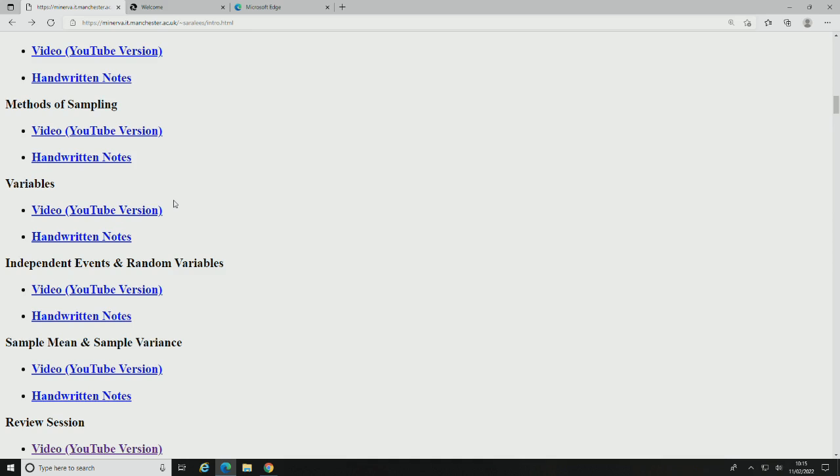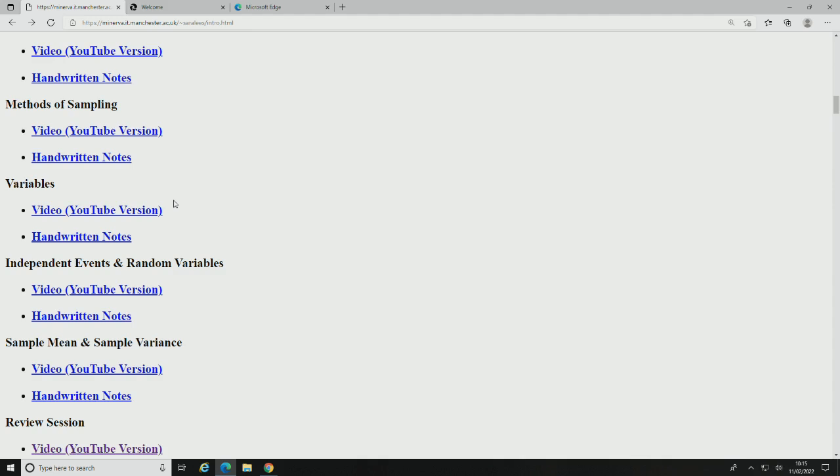Then the next thing was variables. Basically, there are two types of variables, qualitative variables and quantitative variables. Qualitative means color, gender, things like that. Quantitative can be discrete or continuous, right? Discrete means things that you can count, like 1, 2, 3, etc. Continuous means things like height or weight or rainfall.